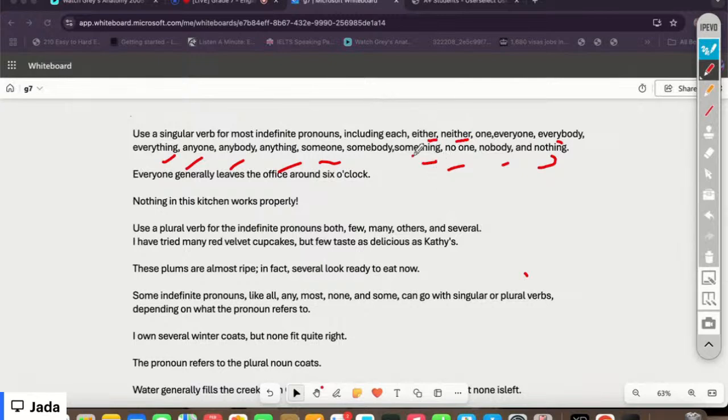So you use all of them with what? A singular verb. So, everyone generally leaves the office around 6 o'clock. Nothing in the kitchen works properly. So all these indefinite pronouns go with the singular verb.